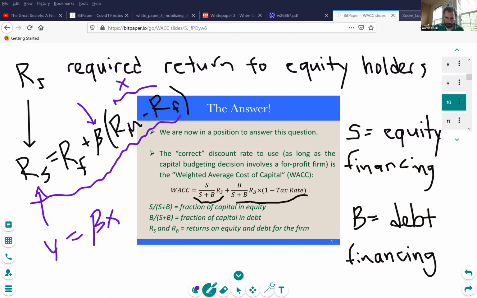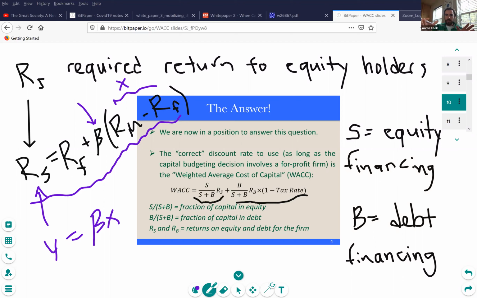So S is going to be the total dollar amount of equity that's being used to finance a project or a firm. B is the total dollar amount of debt that's being used to finance a project or a firm.